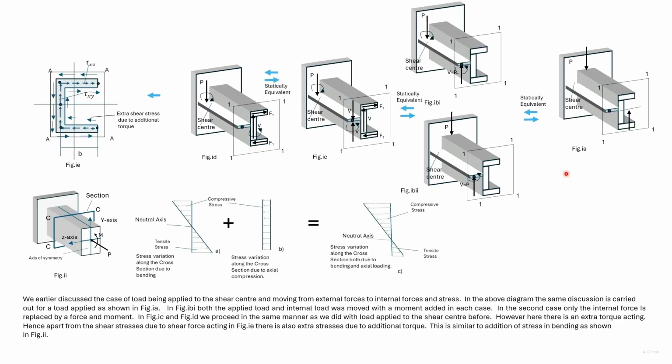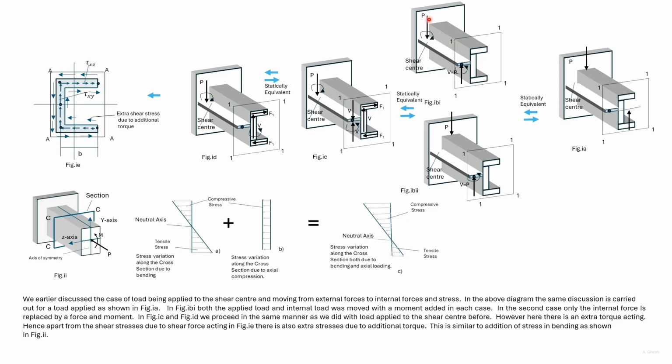In the last slide, we considered the force acting at the shear center. Here we have a force acting on the flange. At a section 1-1, there is an equal and opposite reaction force acting as shown. This force can be moved.